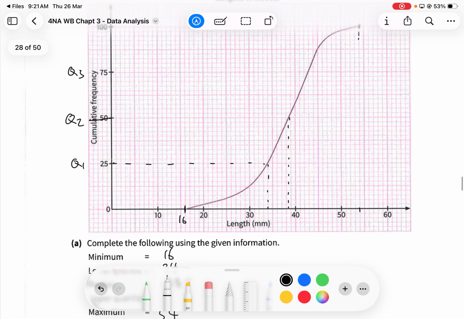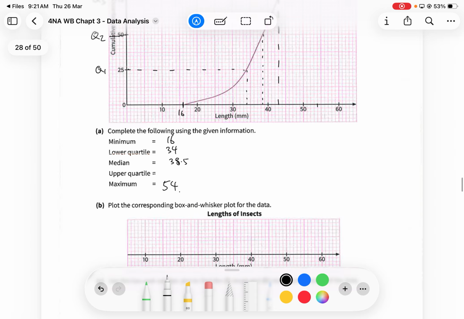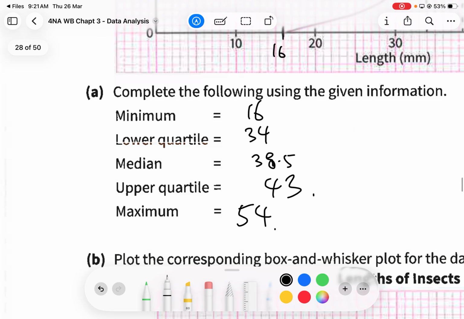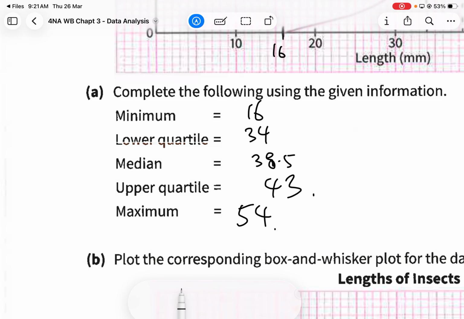Upper here, 43. Okay, must be able to read all these values already.